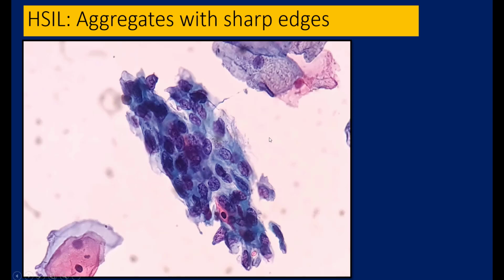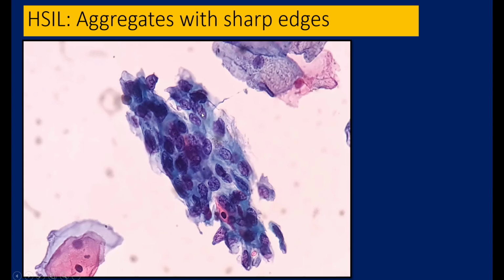Now, next, how are the cells arranged? HSIL cells, as you have seen, can be just single cells, clusters, or small groups of 1, 2, 3 cells, as you have seen in some of the previous pictures. Whereas in this case, the cells are present as a syncytial aggregate with sharp edges. If you look at the nuclei, the nuclear chromatin is abnormal.